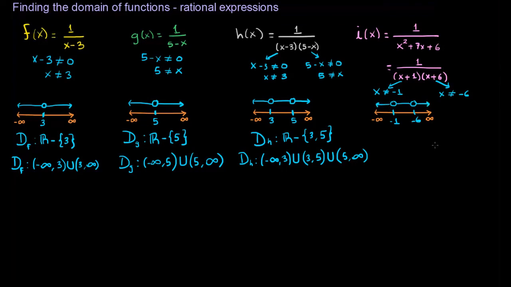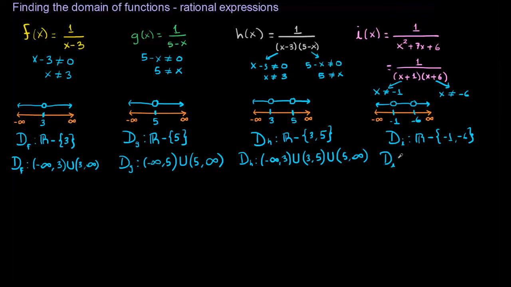And the way to write the solution would be pretty much like the previous one: the domain of i is all the real numbers except for -1, -6. Then the interval notation would again be a long one.